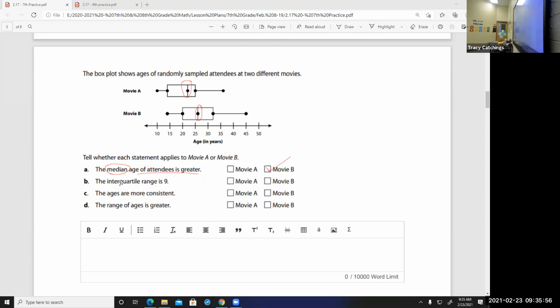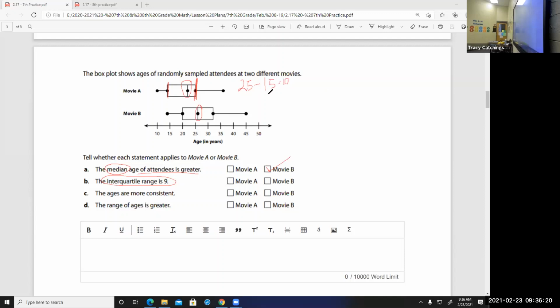All right, B said the interquartile range is 9. Remember, we found the interquartile range by subtracting the two other columns. So looking at this piece, what number would you say is that? All right. Look at the lower end, what number would you say it is? I'll go about 15. So what would be the difference?